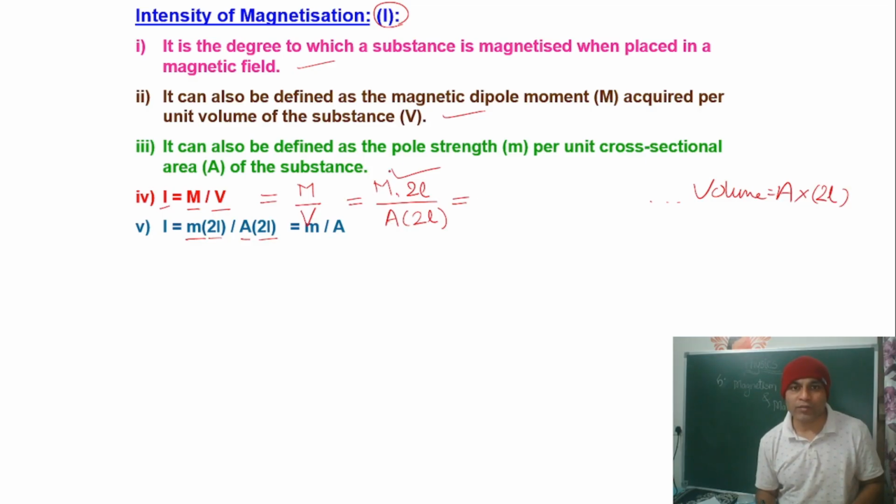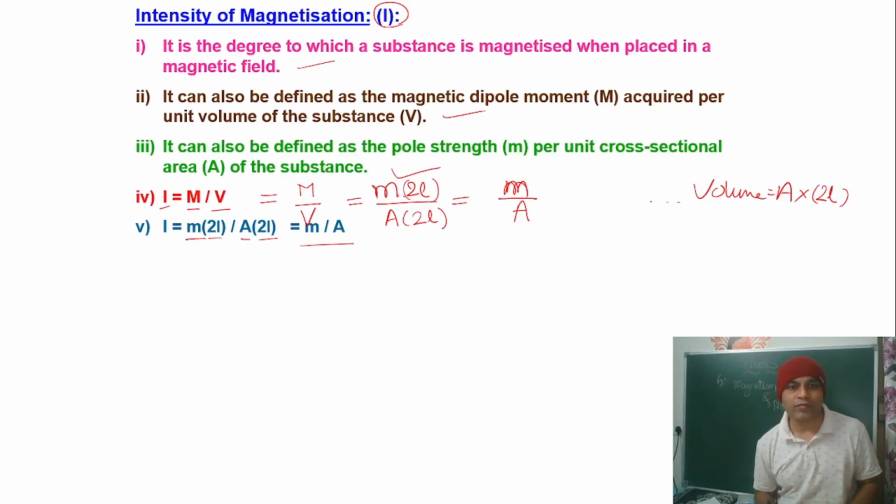So it becomes the pole strength, small m, into twice the magnetic length, divided by the volume, that is A into twice the magnetic length, which is equal to small m by A. So pole strength divided by A, which is mentioned here. It can also be defined as the pole strength m per unit cross sectional area A of the substance.